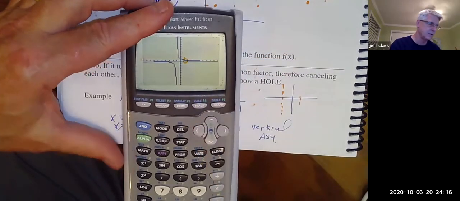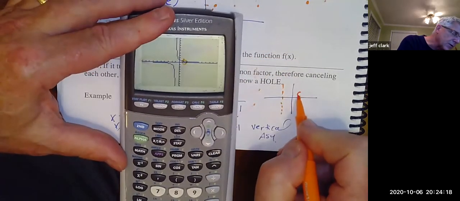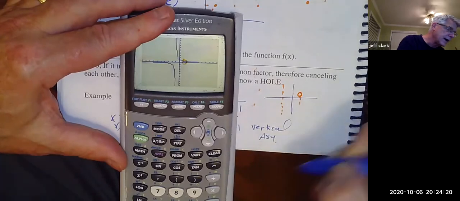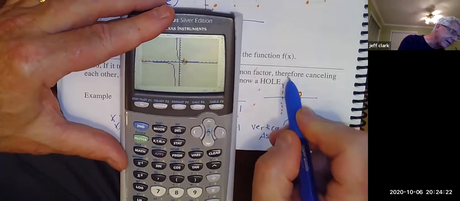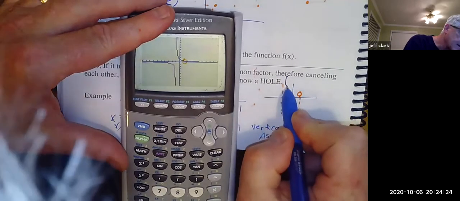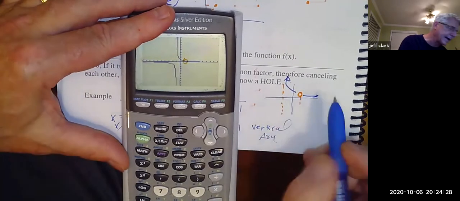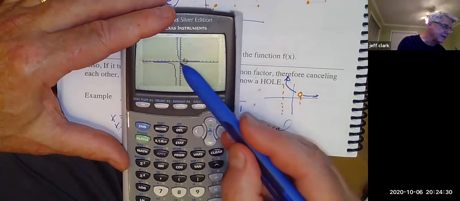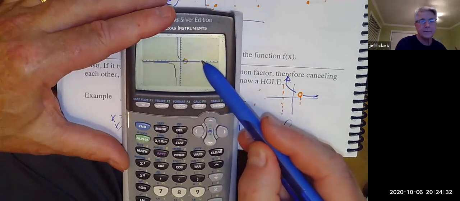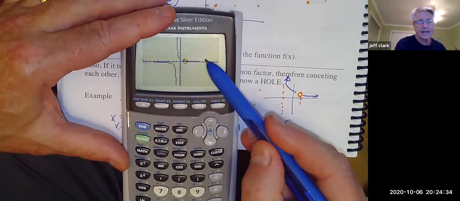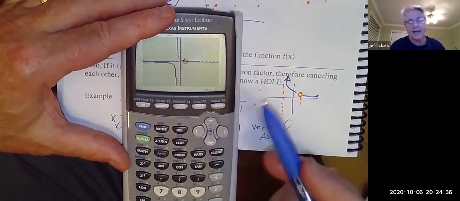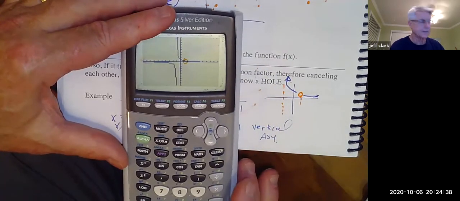There's a hole. So it'd probably go like this, hole here. And then the picture looks like it's coming down. Like that. So it's coming down, and then it continues to be above the x-axis, because there's a horizontal asymptote. Remember that?